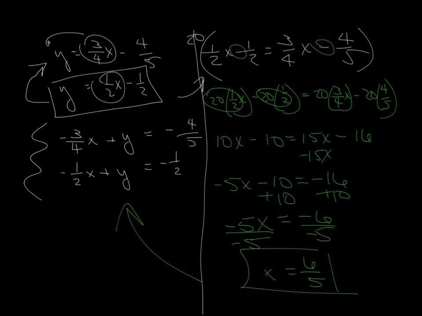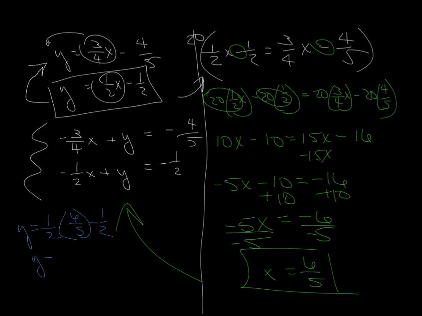Now once I find that my x value is 6/5, I go up to my original problem here and I put in 6/5 for my x, and let's do that in blue over here on the right. And I write y equals 1/2 times 6/5 minus 1/2.